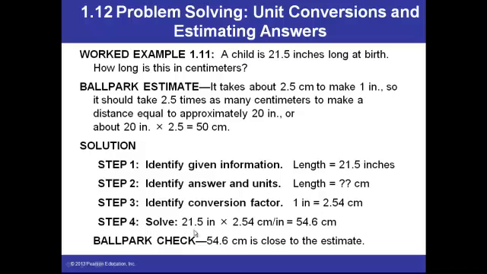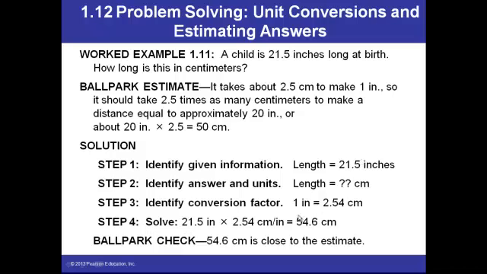So we set up our equation with our starting information, 21.5 inches times 2.54 centimeters per inch, so inches is on the bottom, and we end up calculating our answer. The inches are going to cancel out, and we'll be left with our answer in centimeters. We can also see centimeters is bigger than inches, so our answer should be bigger when we calculate it out.